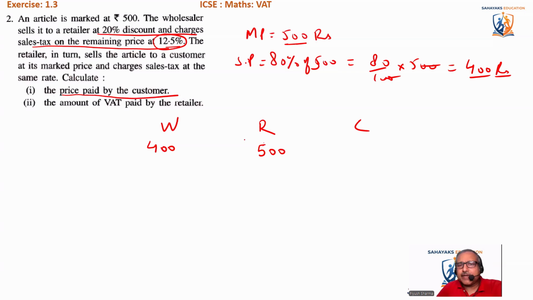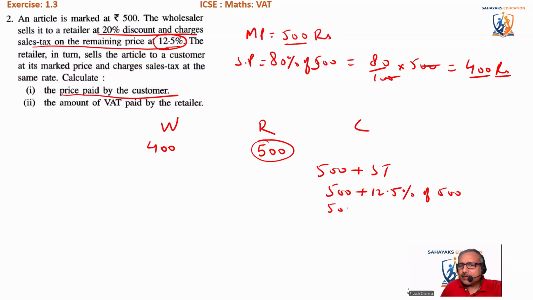What is the price paid by the customer? See, when he sold it for 500 rupees, that means the customer has to pay 500 plus the sales tax. That is 500 plus 12.5 percentage of 500. Let's compute it. It's 500 plus 12.5 by 100 into 500.